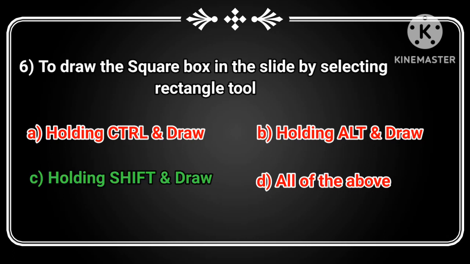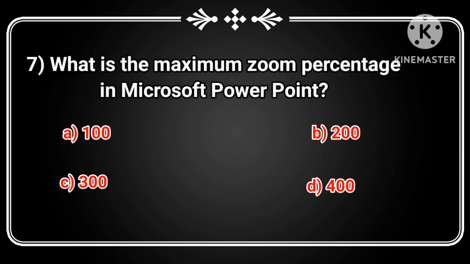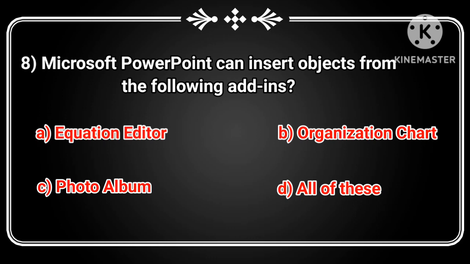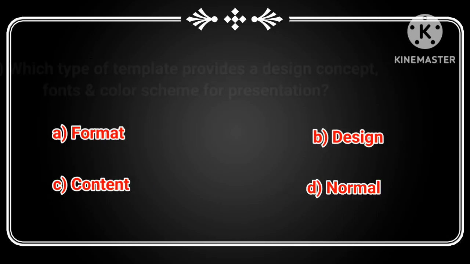To draw a square box in the slide by selecting the rectangle tool, hold Shift and draw. What is the maximum zoom percentage in Microsoft PowerPoint? 400%. Microsoft PowerPoint can insert objects from the following: all of this.